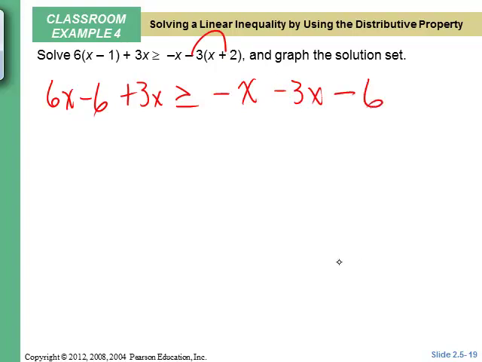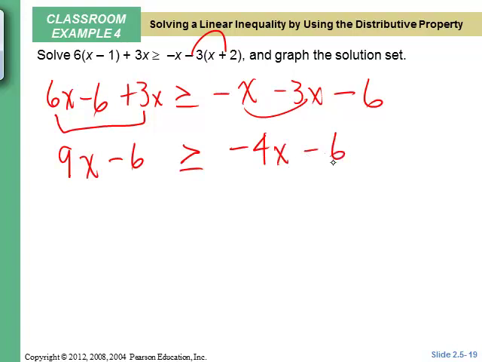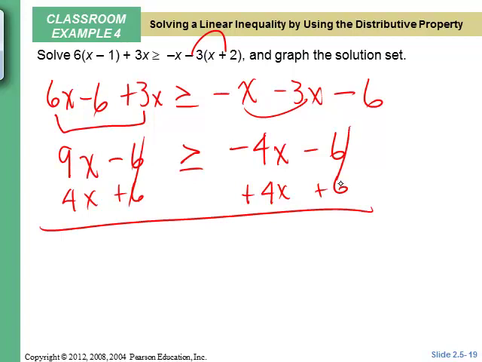That's the problem that people sometimes have. Combine these two as 9x minus 6 is greater than or equal to -4x minus 6. Looks like we can add 4x to both sides and add 6 to both sides, and we get 5x is greater than or equal to 0.